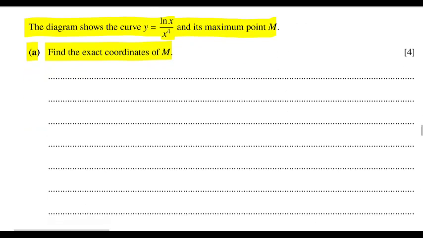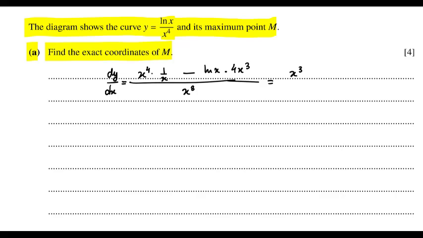It is a quotient function, so the derivative would use the quotient rule. dy over dx is denominator square, so x power 4 to the power 2 is x to the power 8, and denominator as such, that is x to the power 4, into the differentiation of numerator, that is differentiation of ln x, which is 1 by x, minus numerator as such times derivative of denominator. x power 4 is the denominator, so its differentiation is 4x cube, and we can simplify this and we'll get x cube minus 4x cube ln x over x to the power 8.